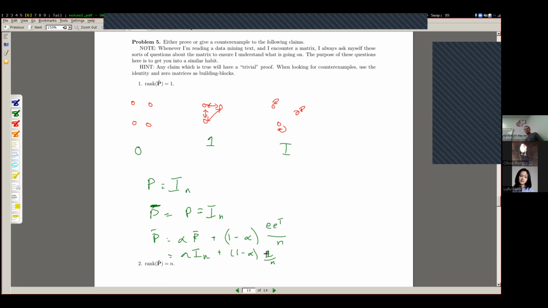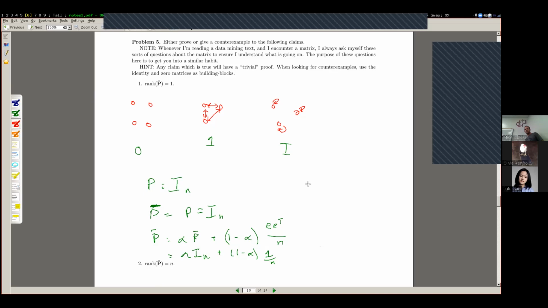What is the rank of this thing? The rank is 1. The rank of the all ones matrix is going to be 1. And we know that when you have the sum of two matrices like this, the rank of the sum can at most differ by the rank of this rightmost thing.